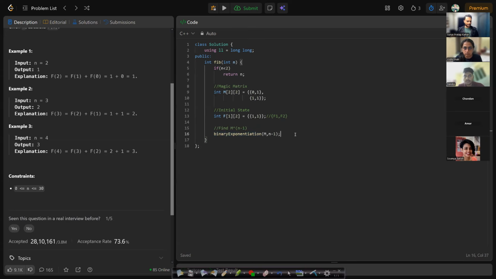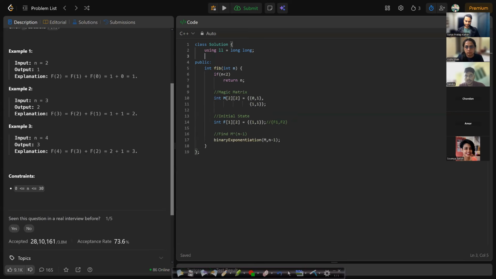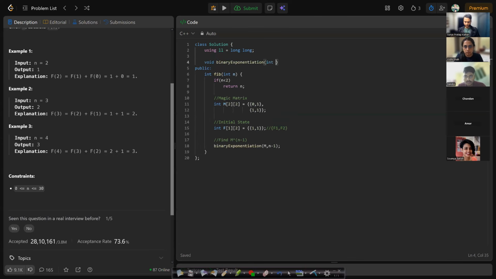Do we need to return anything, or will we do it by pass by reference? Let's do it by reference. It will be cleaner. Should I write base and exponent for these values, or how should I write?